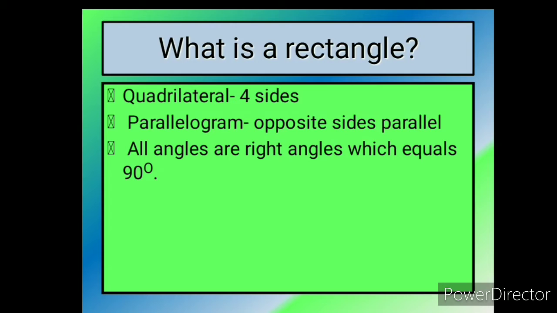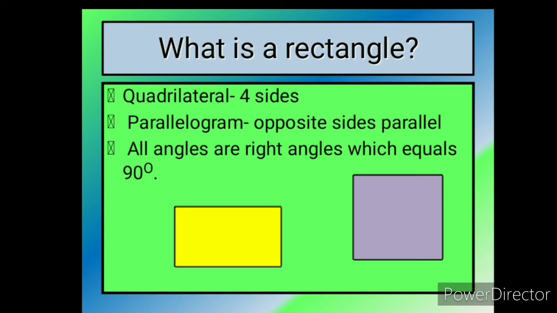All angles are right angles, which equal 90 degrees. In a rectangle, each angle measures 90 degrees. What is the special thing in a rectangle? It is one type of parallelogram because, like a parallelogram, opposite sides are equal and parallel. A rectangle also has the same property.